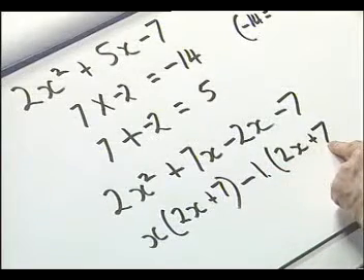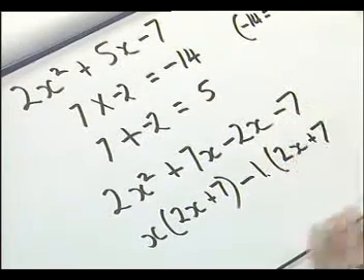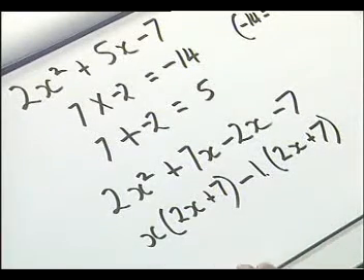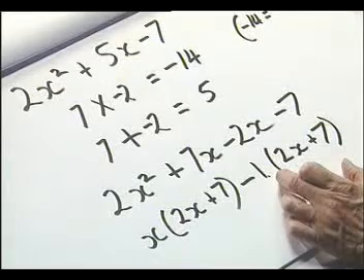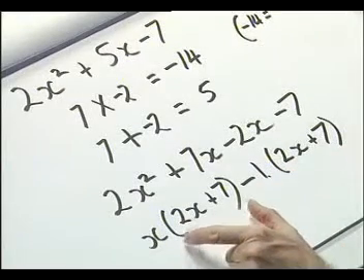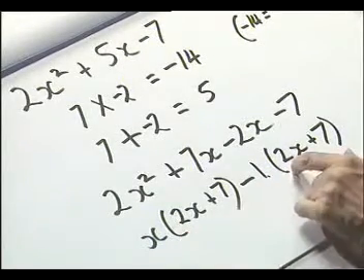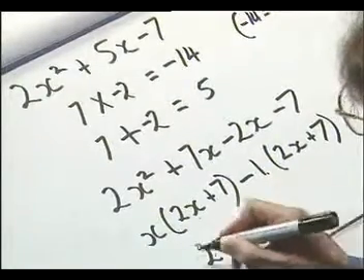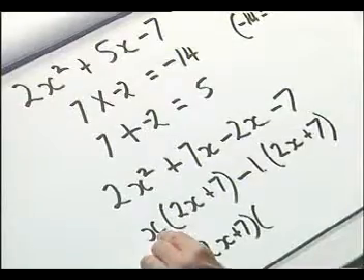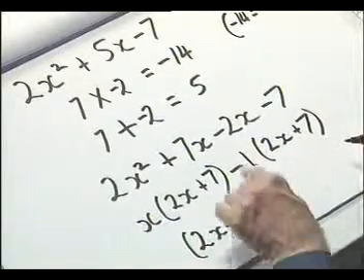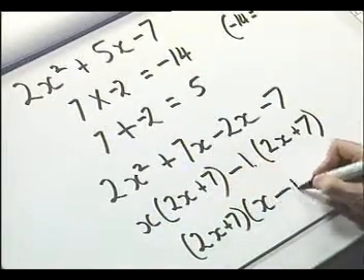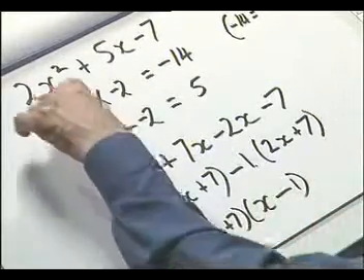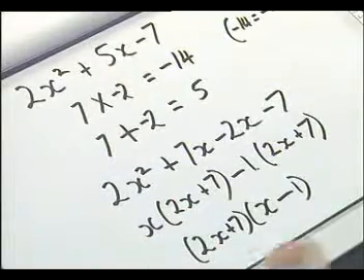Minus 1 times plus 7 gives us minus 7. We close the bracket. Two lumps of algebra again, and in each one, there's this common factor of 2x plus 7. So we'll take that out, 2x plus 7, and that's multiplying x, and it's multiplying minus 1. And so we have got this factorization of the expression that we began with.